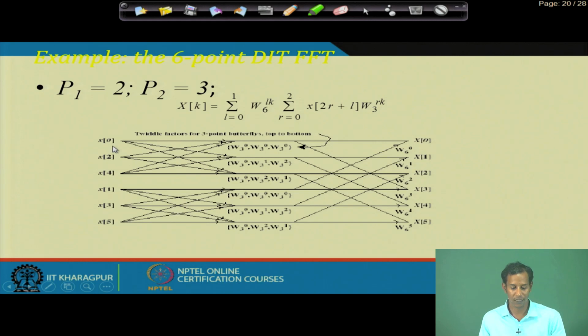We have to consider x0, x2, x4 as the even part, whereas the odd part is x1, x3, x5. Here x0 is combined with x2, and then again with x4. x1 is in a butterfly operation with x3, and then with x5. If we give the input in bit reversed manner, we get the output in the original sequence.